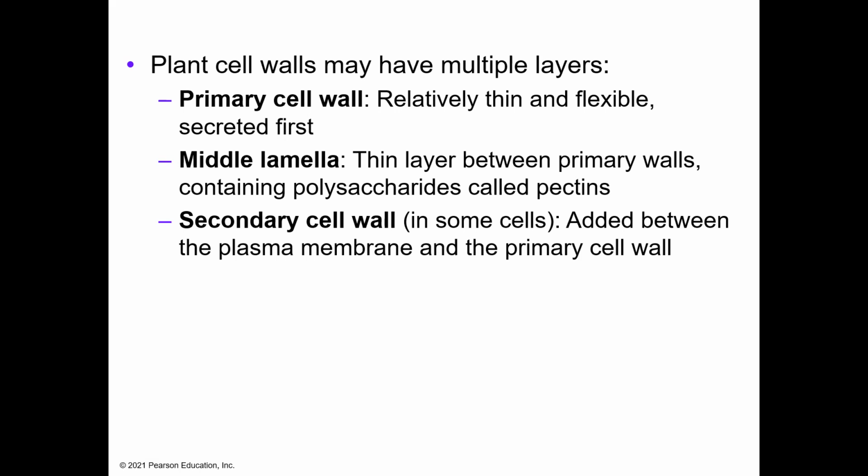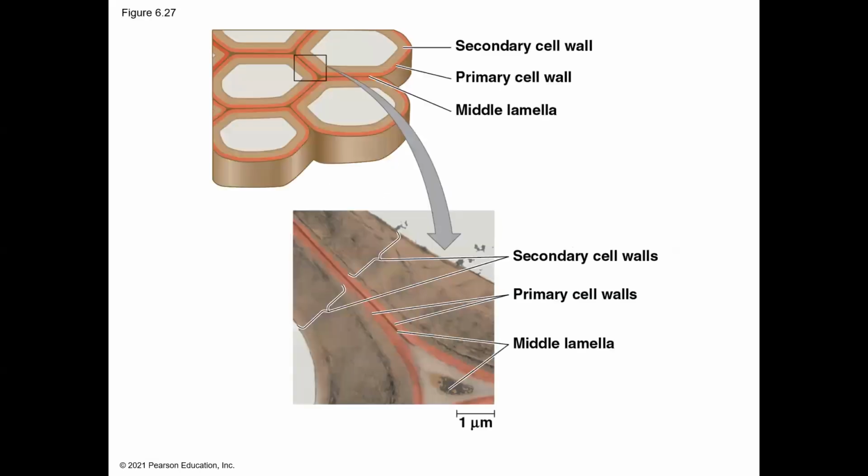Now, some plant cells, not all plant cells, will develop a secondary cell wall, and it's added between the plasma membrane and the primary cell wall. The secondary cell wall can be quite large, actually very thick. So what you're seeing here is the space between two different cells.